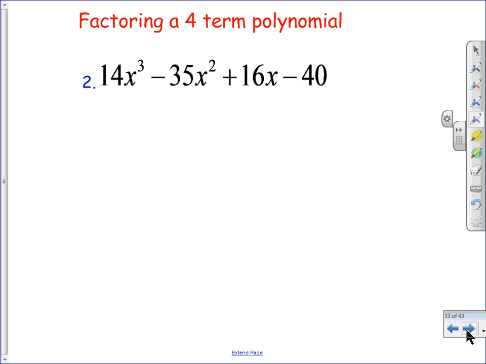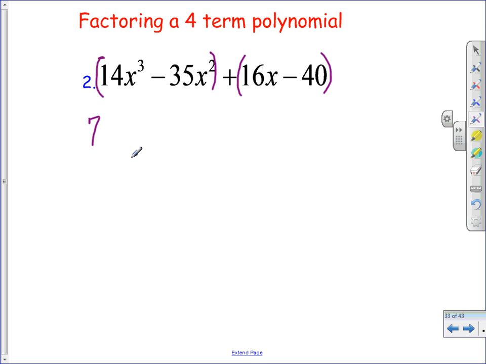Number 2, 14x to the 3 minus 35x squared plus 16x minus 40. So to factor by grouping, we're going to group the first two terms together and the last two terms together. And now we're going to find the greatest common factor. The greatest common factor of 14 and 35 is 7.